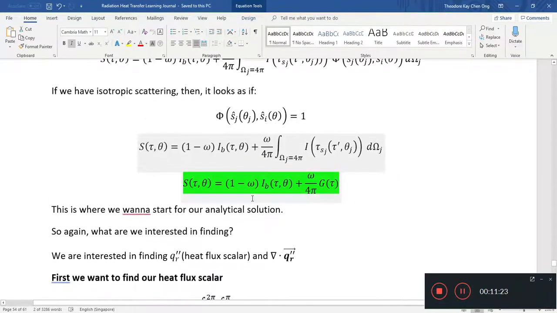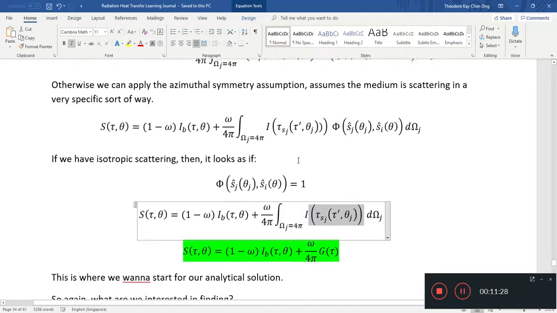If we look at the source term, it will again be dependent on incident radiation from elsewhere.